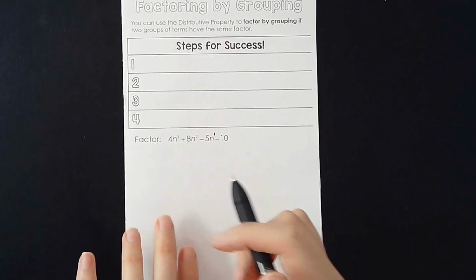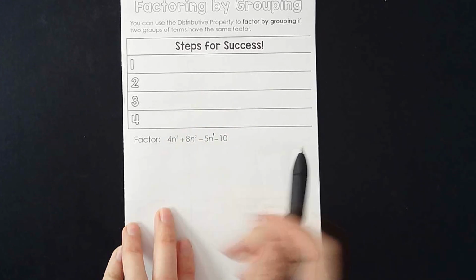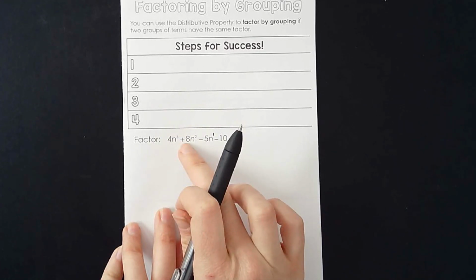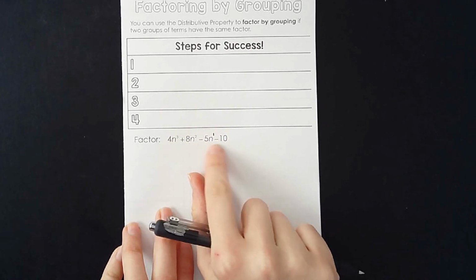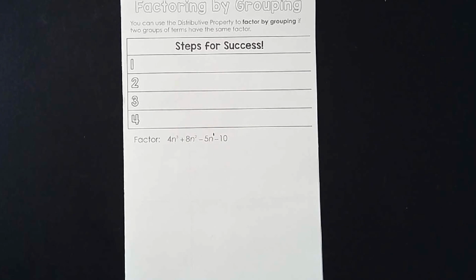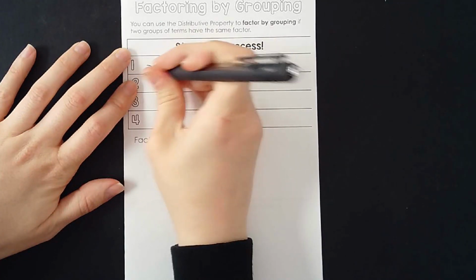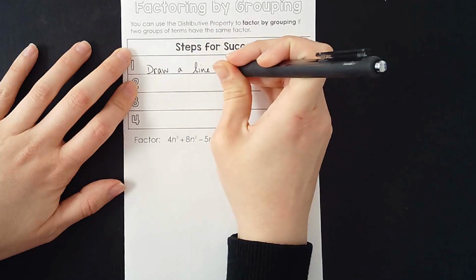So what we are going to do, if I look at my first 2 terms, well, I know I can divide both of these by 4. If I look at my second 2 terms, I can divide both of these by 5. So what I'm going to do is factor those 2 groups separately. So our first step, we are going to draw a line in the middle.